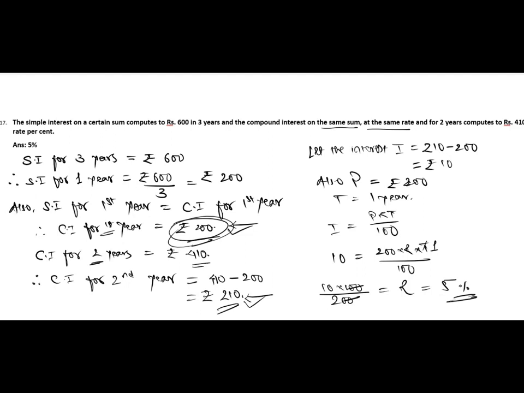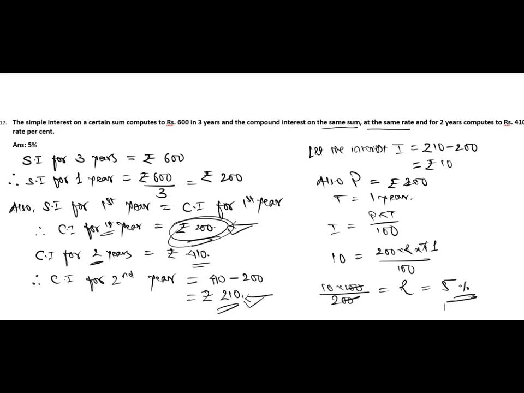So this is the application of the newly learned topic which I just showed you, and let's go to the next question. I hope you understood the concepts over here. First concept which I used was, if simple interest for 3 years is given, we can find the simple interest for 1 year, that is total simple interest divided by 3.